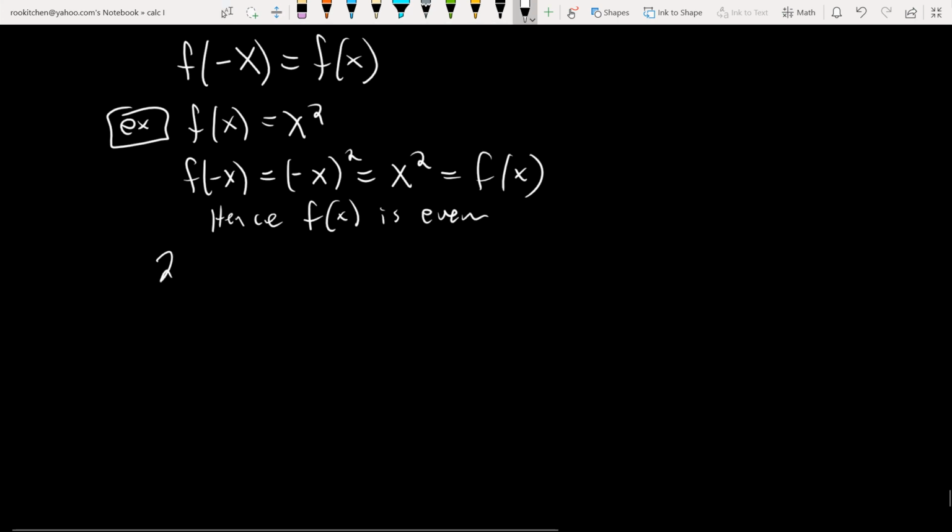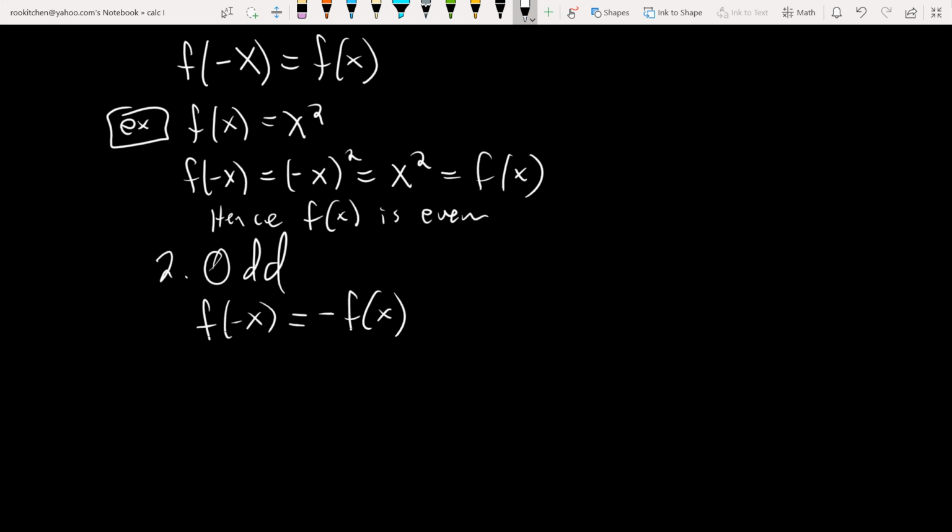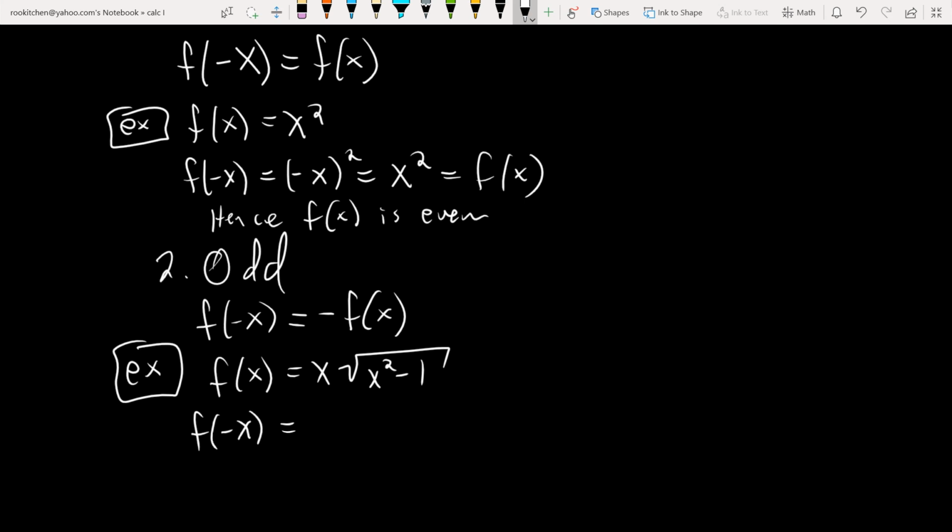Oddness then. If you plug -x into the function and you get negative f of x back out, then it is odd. Okay, so an example, let's make a harder one, something like x times the square root of x squared minus 1. Okay, so put negative x in for x, and you get -x times the square root of negative x squared minus 1.